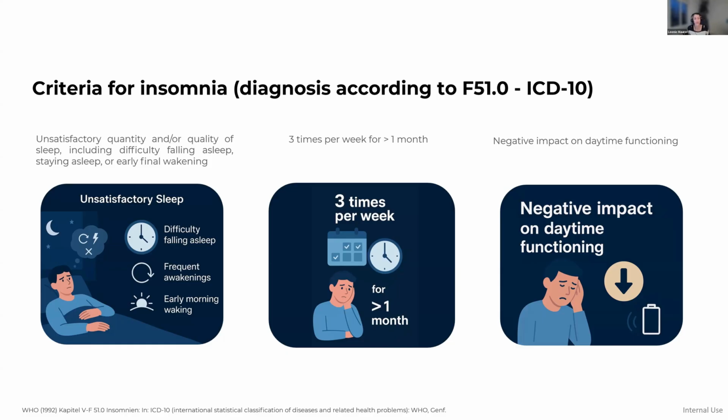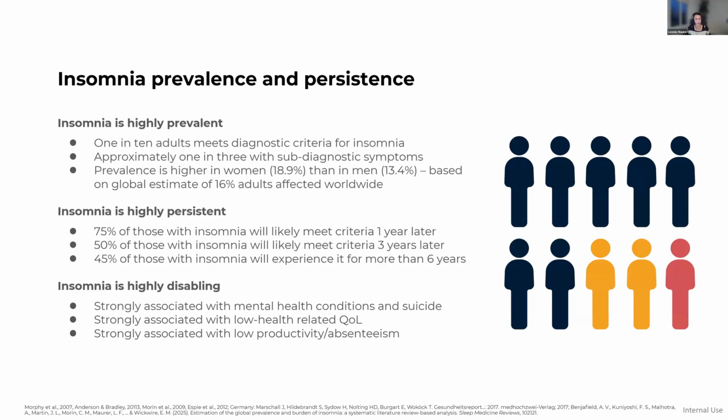So now you know briefly the criteria for insomnia. So how common is this? How long does it last? And why does it actually matter? Insomnia is highly prevalent. About 1 in 10 adults meet diagnostic criteria in the European countries, and roughly 1 in 3 report subthreshold symptoms.